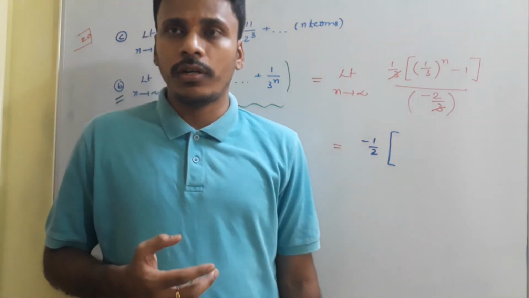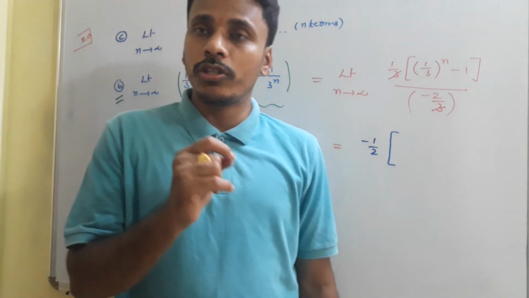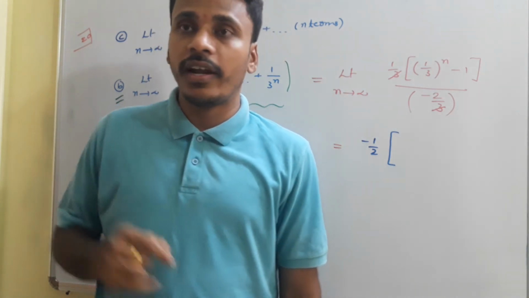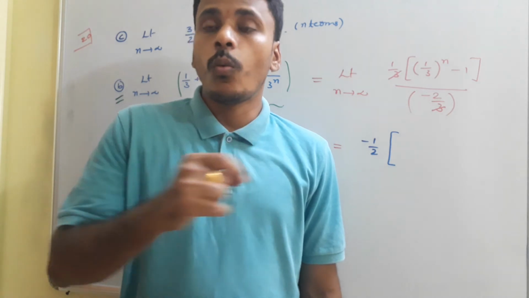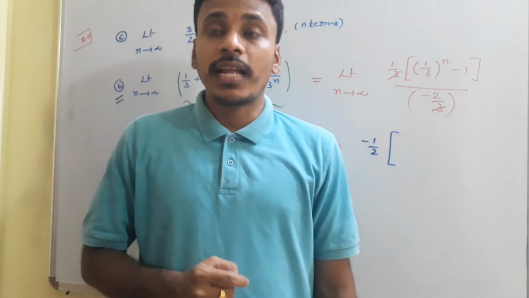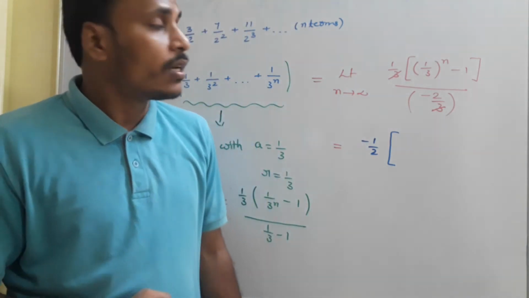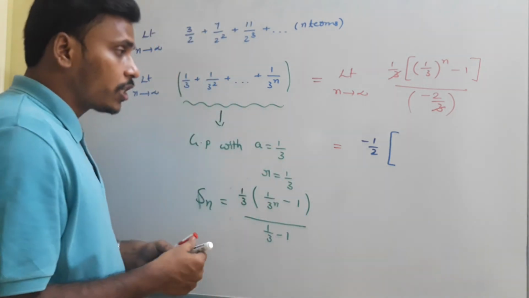So you just think about it. Suppose if you take any decimal value like 0.1, think about 0.1 power 10 as well as 0.1 power 100. See, 0.1 power 10 is a greater value, whereas 0.1 power 100 is a very lesser value. That in the sense, as you increase the power, the value goes on decreasing. Here as n is increasing to infinity, the value goes on decreasing to 0.